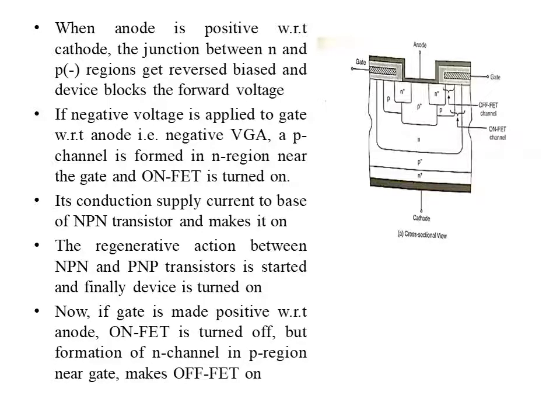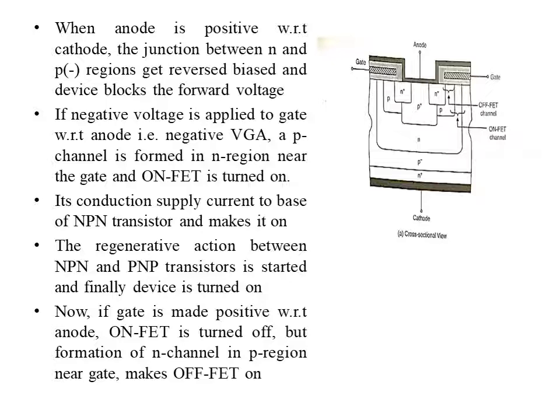Now if gate is made positive with respect to anode, the on FET which was on earlier by applying a negative gate voltage will be turned off, but the formation of N channel in P region near the gate makes off FET on.